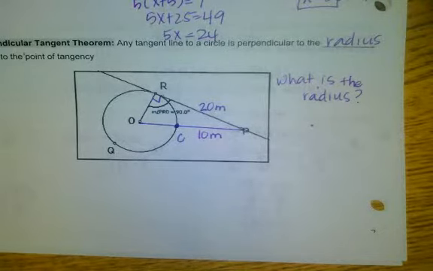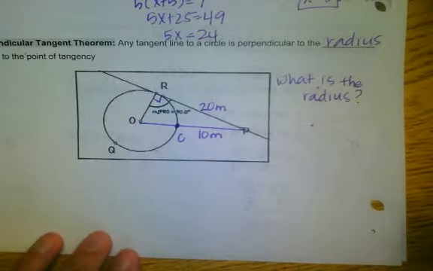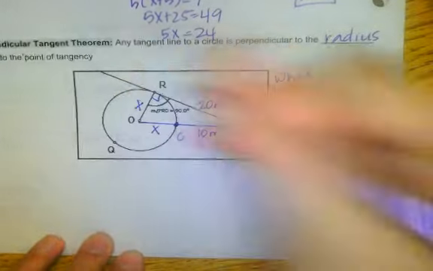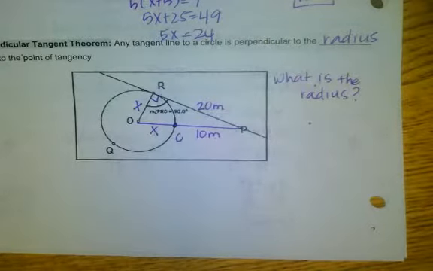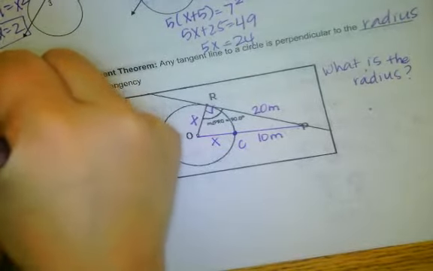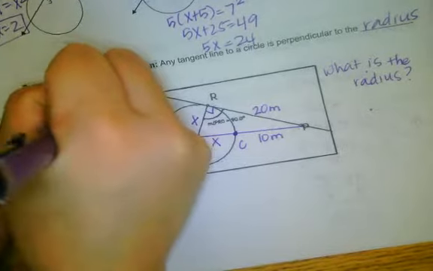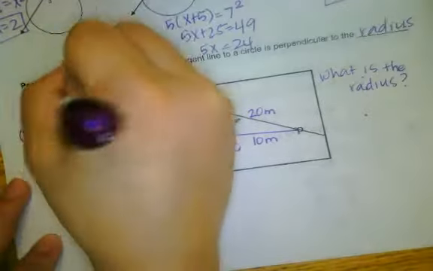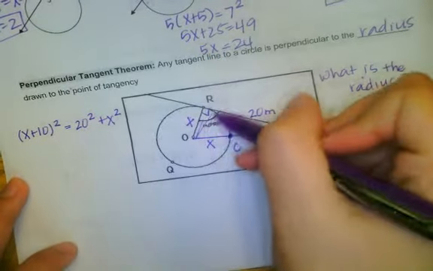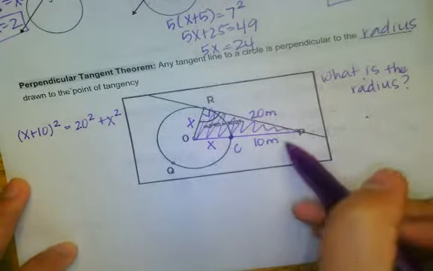So what could I put there? So now how could I go about solving for x? X plus 10 squared equals 20 squared plus x squared. Do you guys see this right triangle here? Your hypotenuse is x plus 10, and your legs are x and 20.